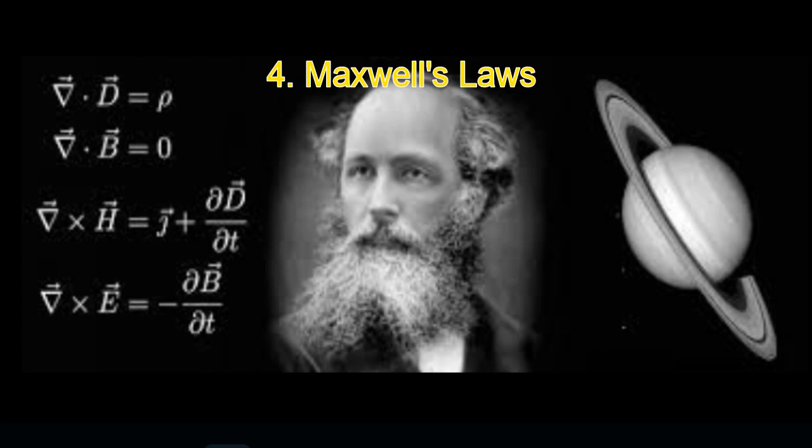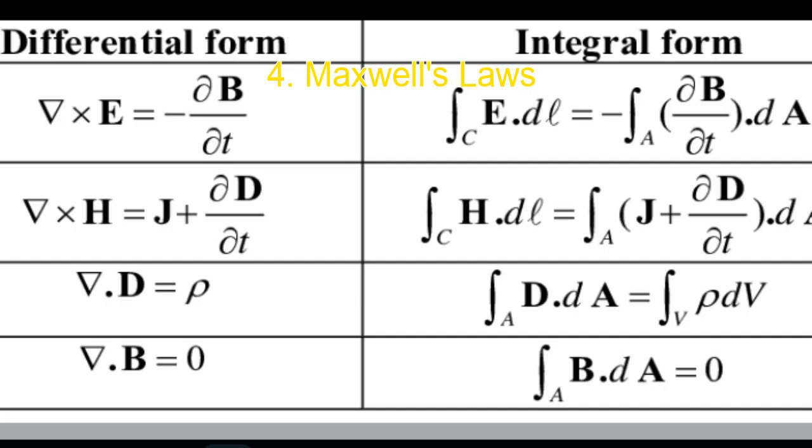The first equation relates the flow of electric field, that is E, to the charge density, that is rho. And the second law states that magnetic fields have no monopoles.